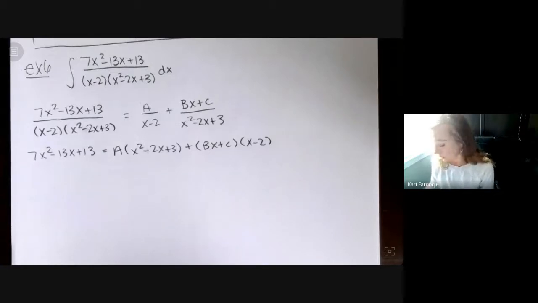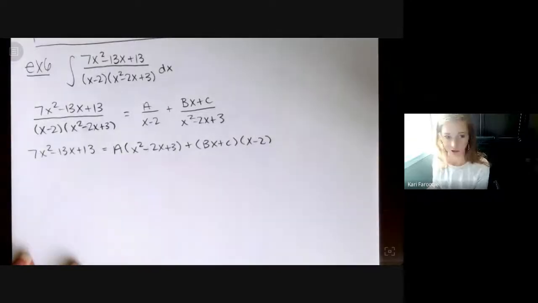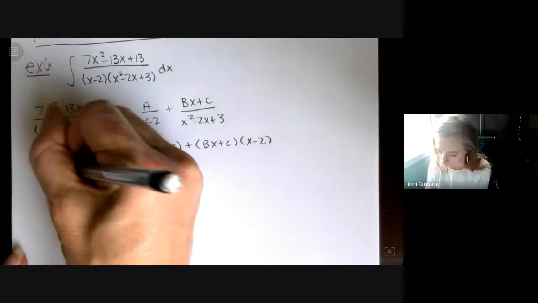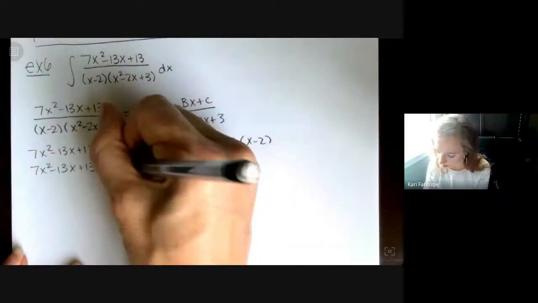If you want to try the method of letting x be this, letting x be that, that's fine. You still might end up with a system of equations you'll have to solve, but I'm going to just equate coefficients because this is not going to be too crazy to do over here. And I thought maybe having one more example of putting this in your calculator would be helpful.